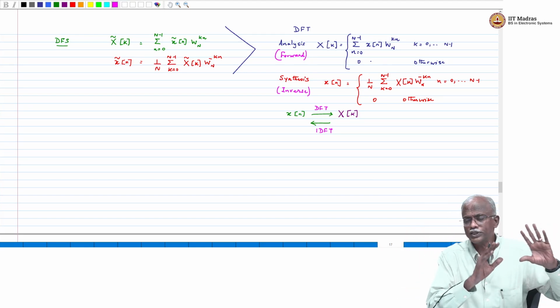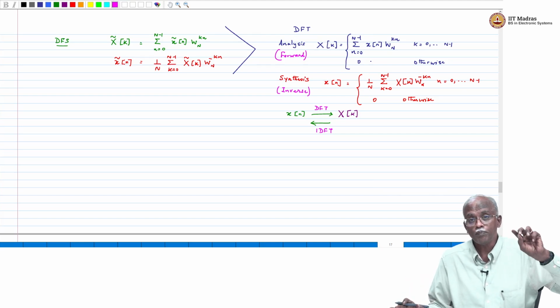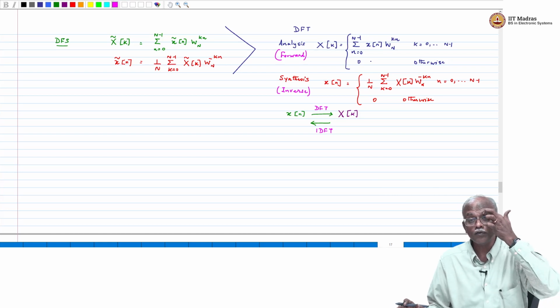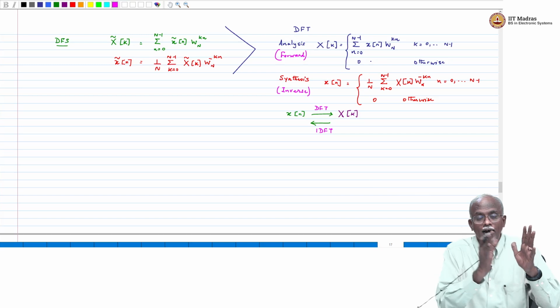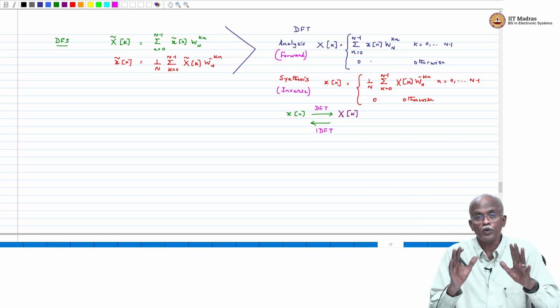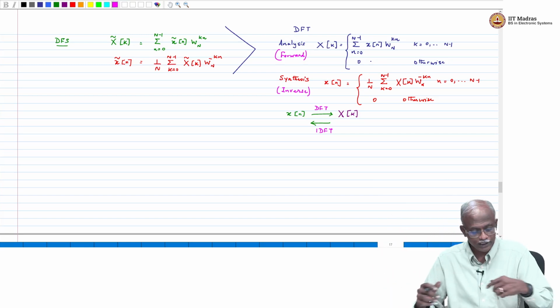Now, we can study the DFT without getting into too much thought about the underlying discrete Fourier series. However, every property that we look at for the discrete Fourier transform relies on the underlying framework produced by the periodic signal x tilde of n and the discrete Fourier series coefficients.